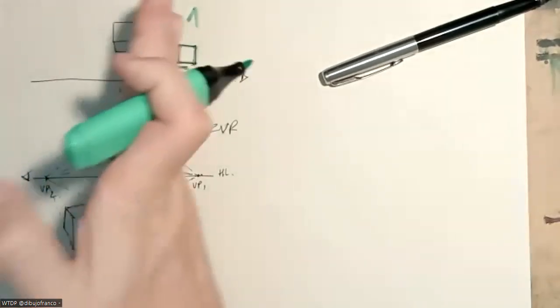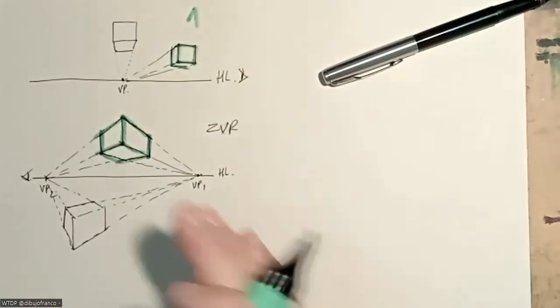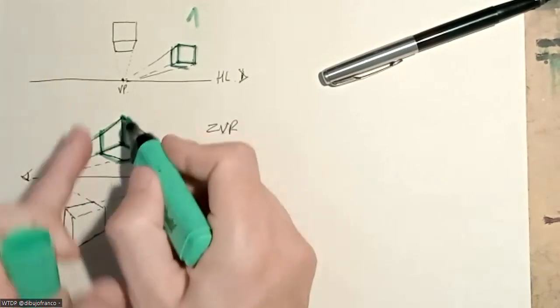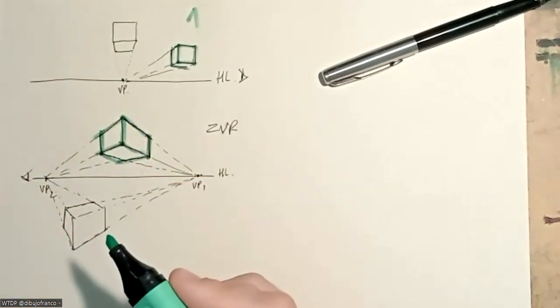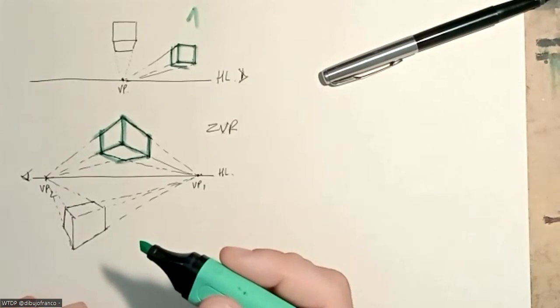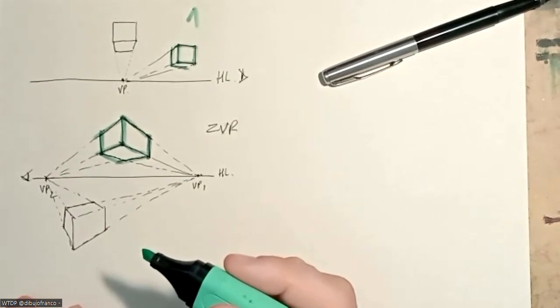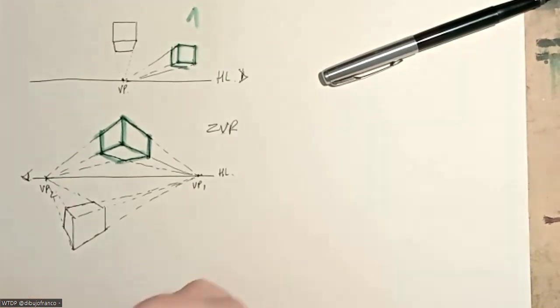They are vertical lines. In this case, because the object is like this, we would have two sets of closing lines and one set of parallel lines.